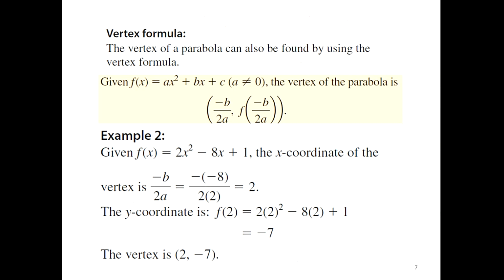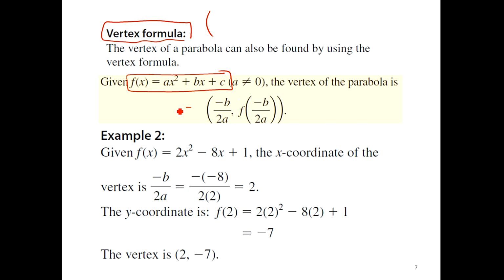The vertex formula, if we need to find the vertex. If we have f of x equal ax squared plus bx plus c, so we have a, the coefficient of x squared, and b, the coefficient of x.